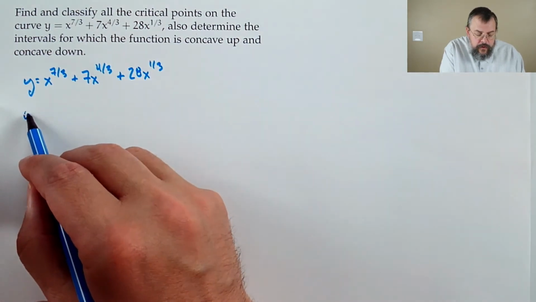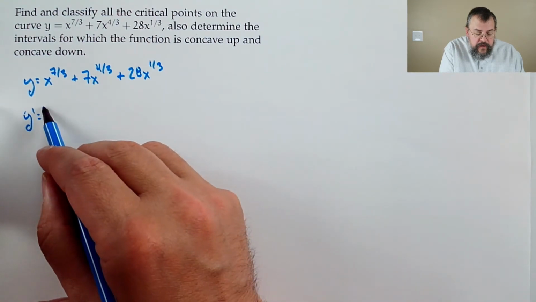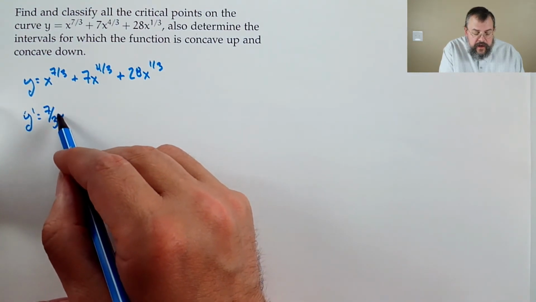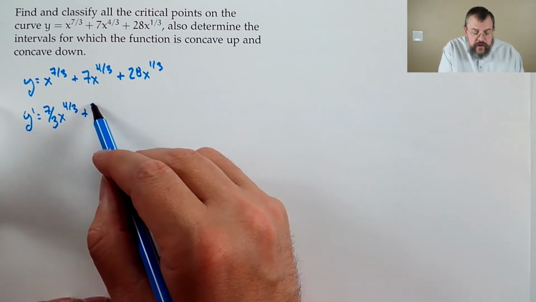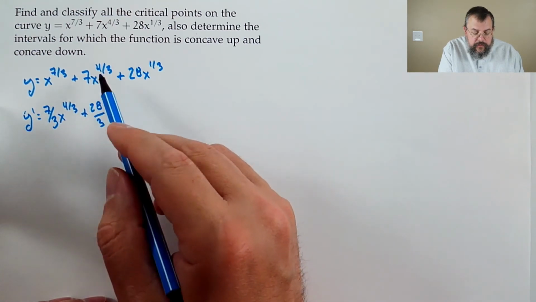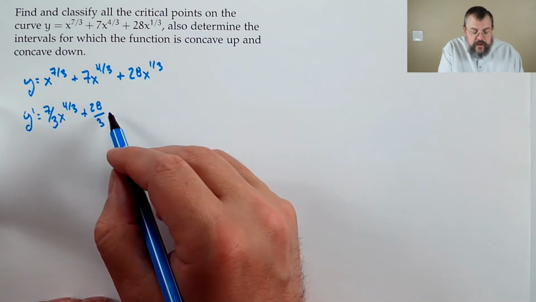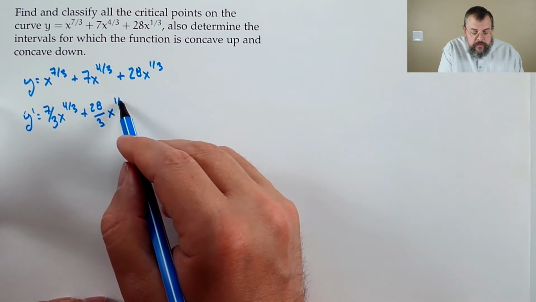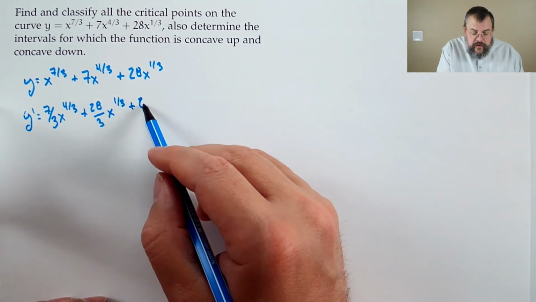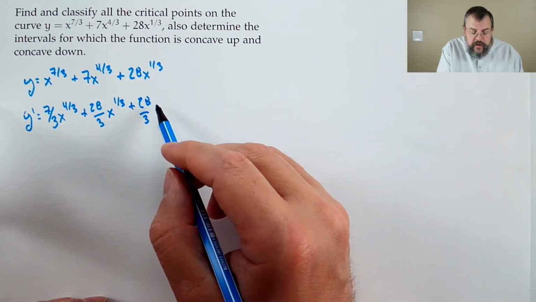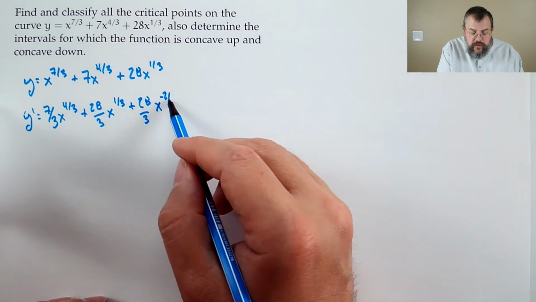So, for instance, y prime would be the 7/3 comes down, x to the 4/3. And then the next term, 28/3, because the 4/3 comes down times 7, and then x to the 1/3, subtract 1. And then here, 28/3, because there's 28, the 1/3 comes down, x to the -2/3.